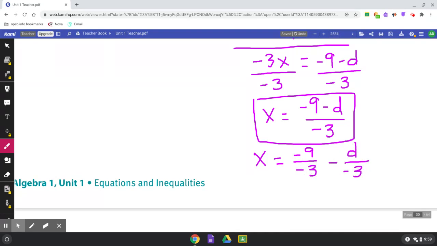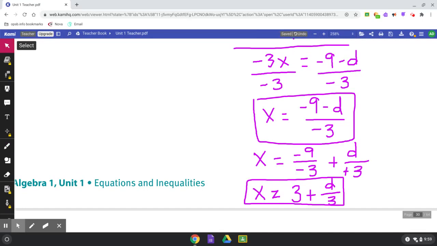Okay, now when you have a negative and a negative, that turns to positive. So negative 9 divided by negative 3, and negative divided by a negative is what? A positive. So now we're left with positive 3 plus d divided by 3. They all change to positives. 3 plus d divided by 3.